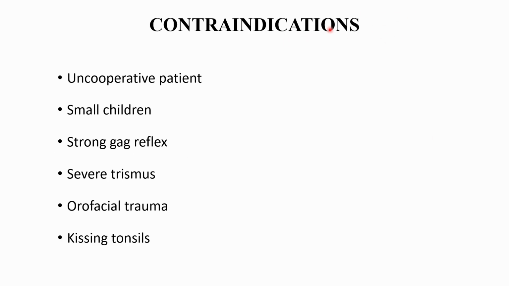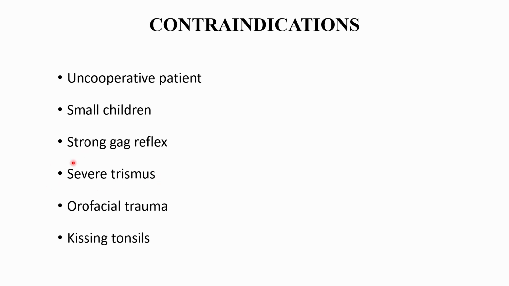Contraindication or limitation: if the patient is very much uncooperative, because for both these procedures, indirect laryngoscopy and posterior rhinoscopy, the patient's cooperation is mandatory. In small children, it will be difficult to visualize. If the patient has a strong gag reflex, yes, we can instill local anesthesia and then try in this patient.